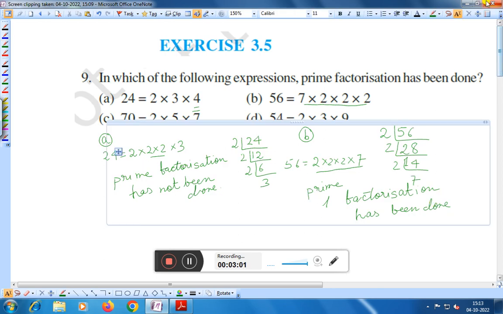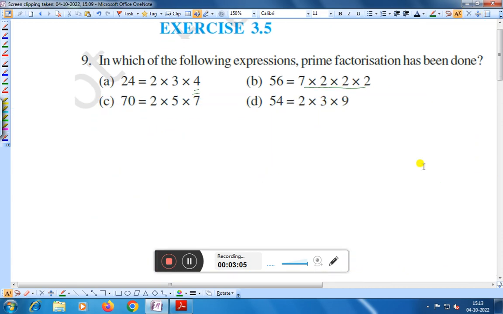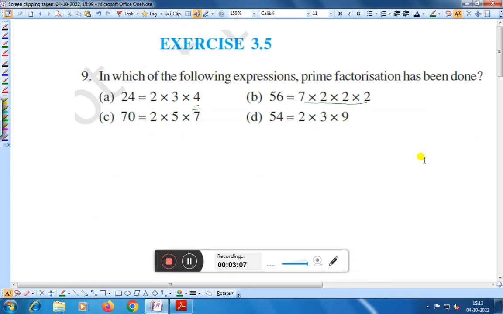Right? Next, question number C. Question number C is the number 70. We'll find the prime factorization of 70. 70 divided by 2.